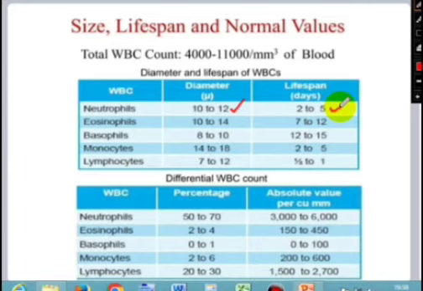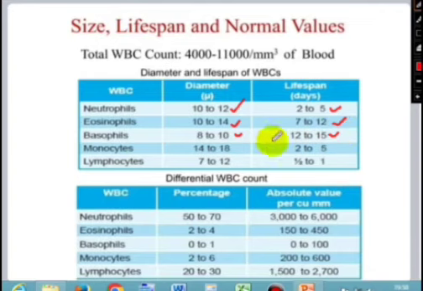Okay. For the eosinophils, their diameter is 10 to 14 microns, and their lifespan is between 7 to 12 days. For that of the basophil, they have a diameter of 8 to 10 microns, and a lifespan of 12 to 15 days.